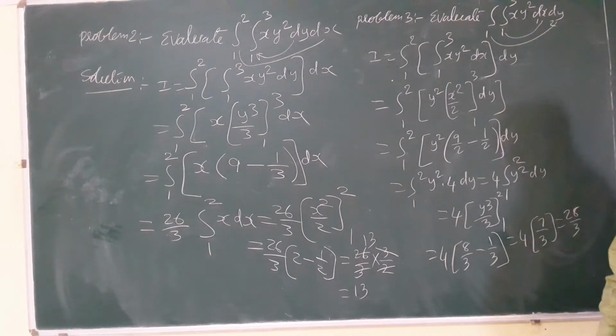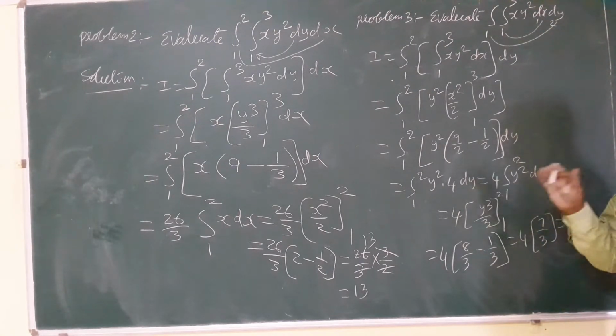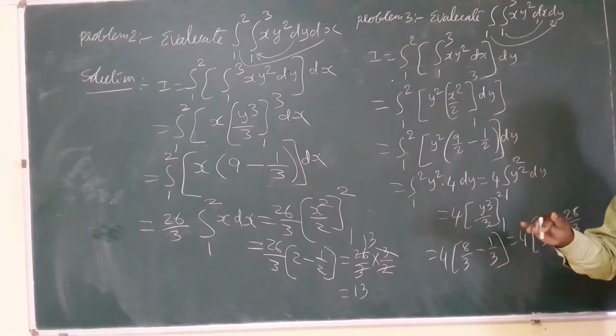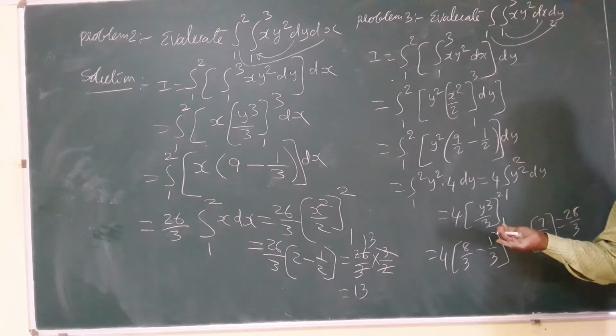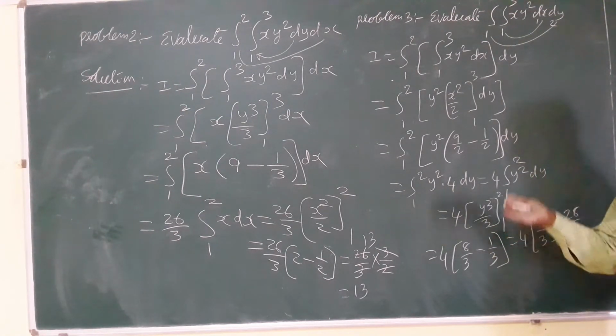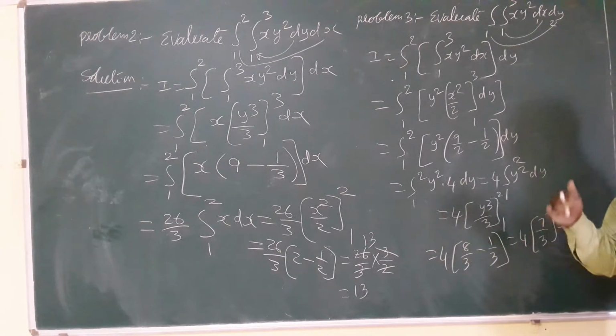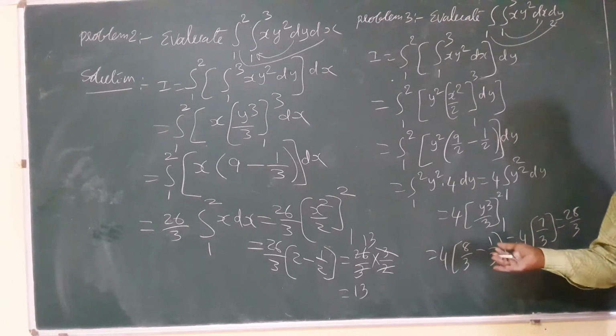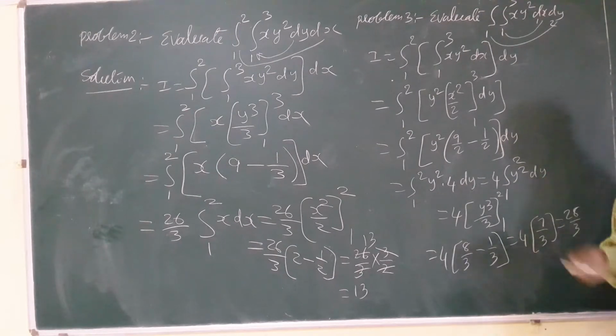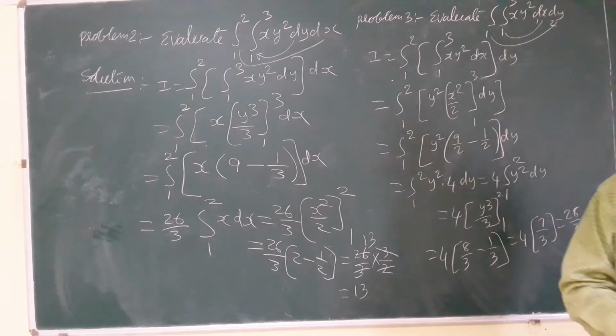Observe the difference. Whenever all four limits are constant, according to the given order of integration, dx dy means first with respect to x, second with respect to y. dy dx means first with respect to y, second with respect to x.